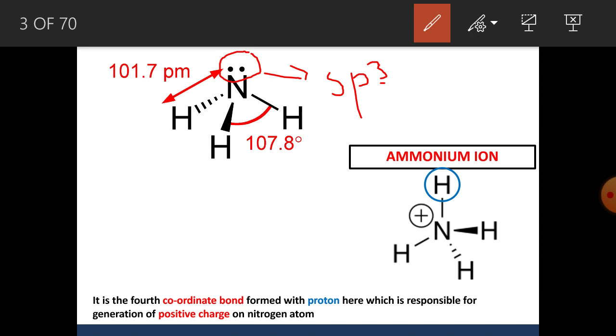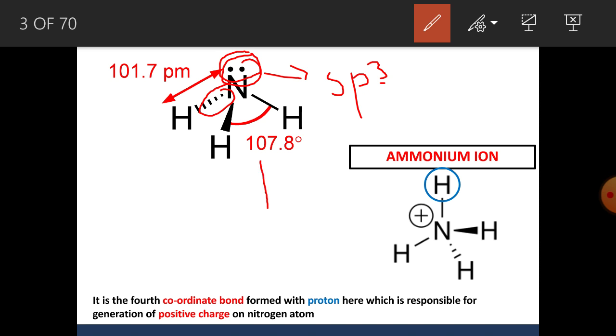This deviation is due to repulsion between the lone pair and the bond pair. There is repulsion between this lone pair and the electrons present in the covalent bond, and that is why there is deviation in the bond angle.